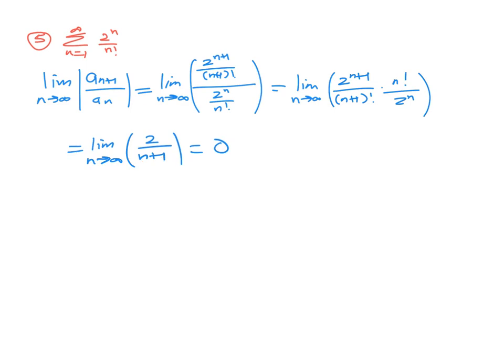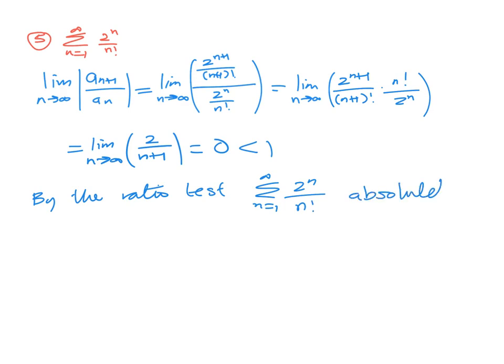So what I've discovered then is that because this number is less than 1, by the ratio test, the series sigma n equals 1 to infinity of 2 to the n over n factorial absolutely converges, but of course if a series absolutely converges, then it converges, so therefore it converges. But technically there's a little more information in the ratio test than just whether the series converges or not.